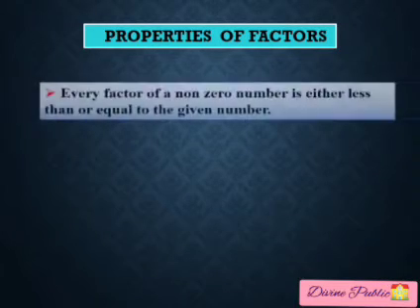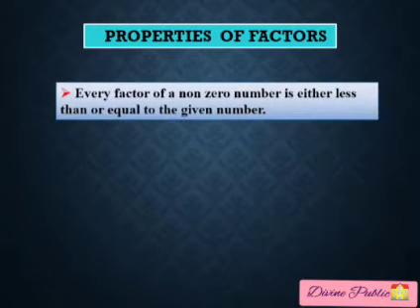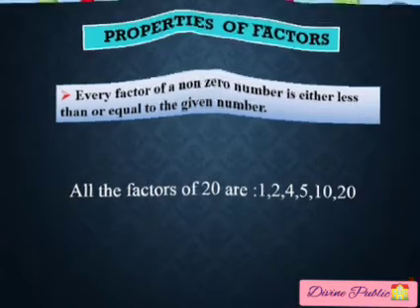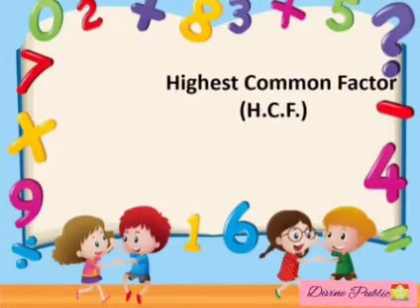Fifth, every factor of a non-zero number is either less than or equal to the given number. For example, all the factors of 20 are 1, 2, 4, 5, 10 and 20. Highest common factor, HCF.